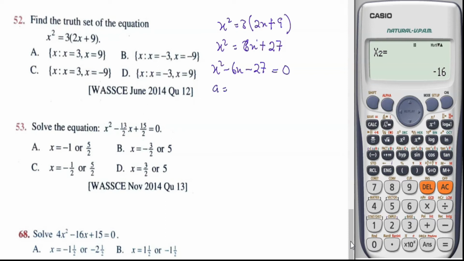Therefore, our A value is equal to 1, our B value is equal to -6, and then our C value equal to -27. So go ahead and program it. So clearing the screen, for new programming, we have 1, enter, -6, enter, -27.